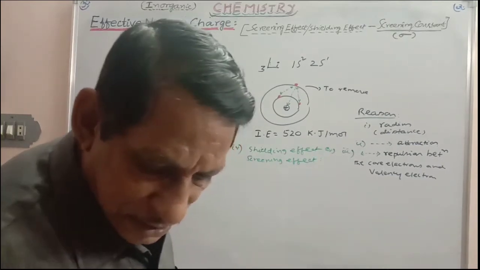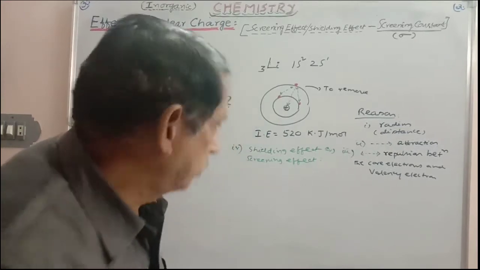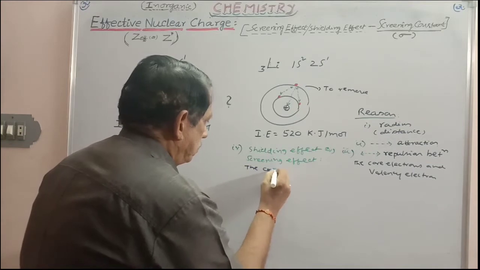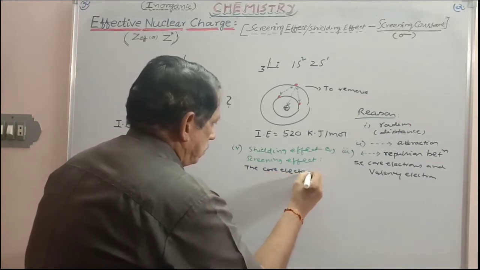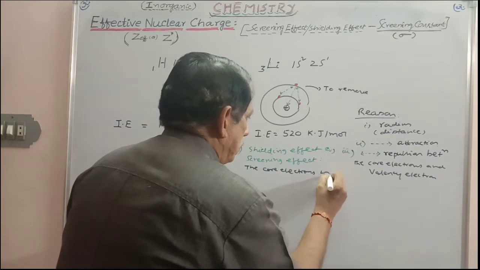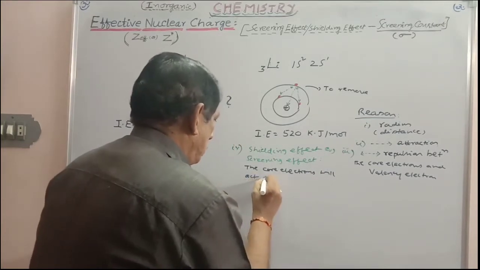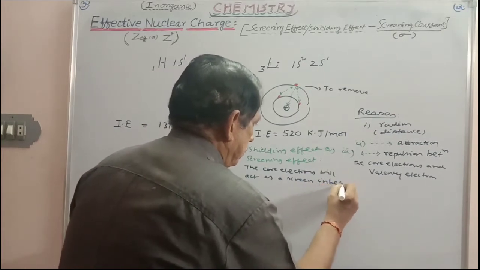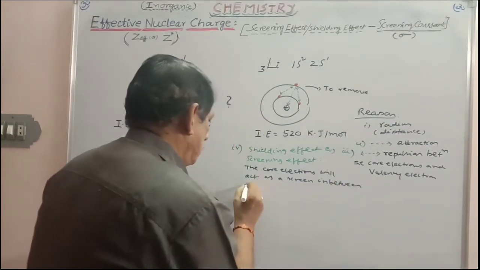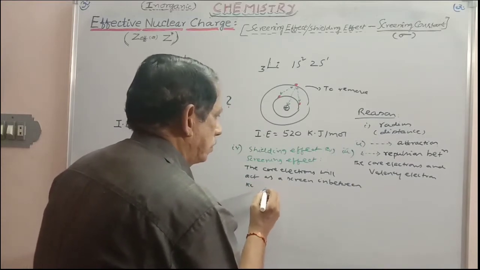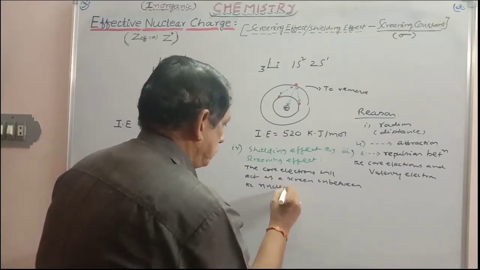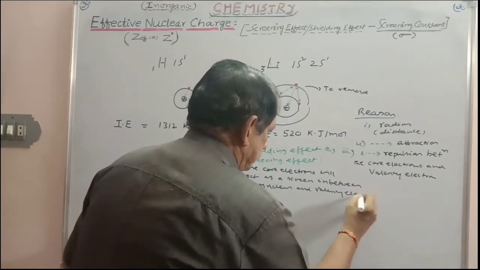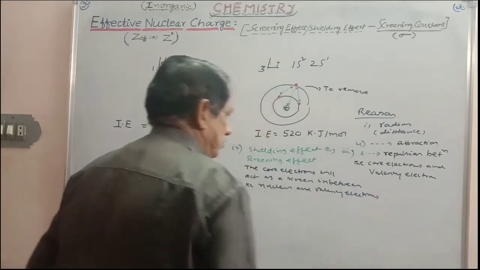Here the inner electrons, the core electrons, will act as a screen between the nucleus and the valence electrons, that means the outermost electrons.